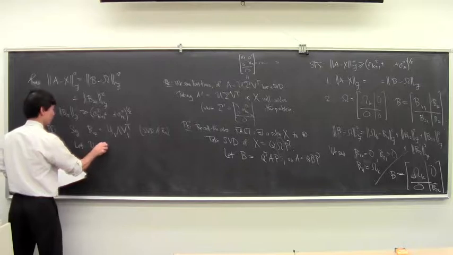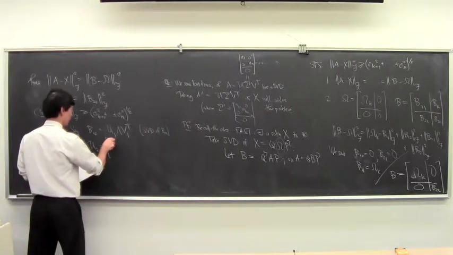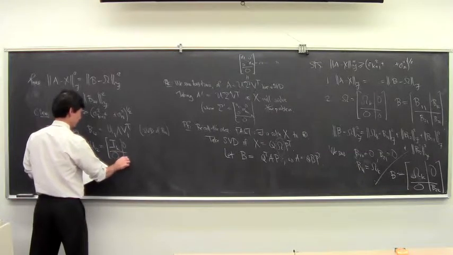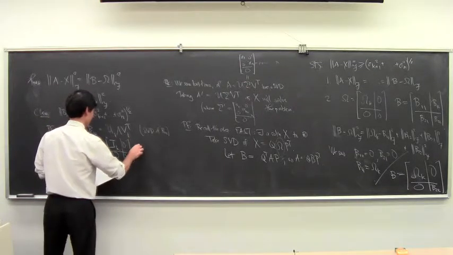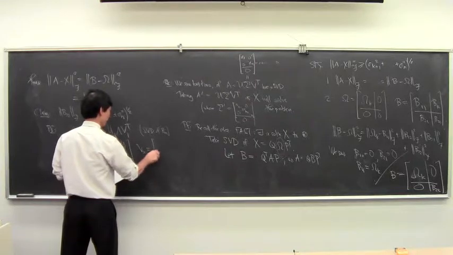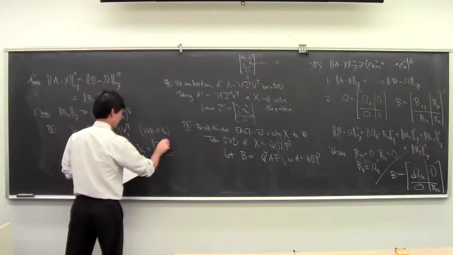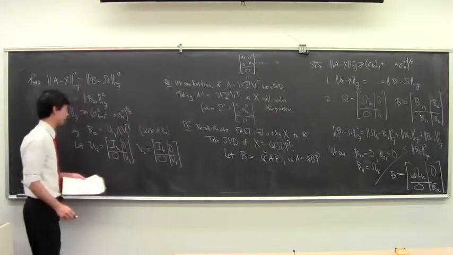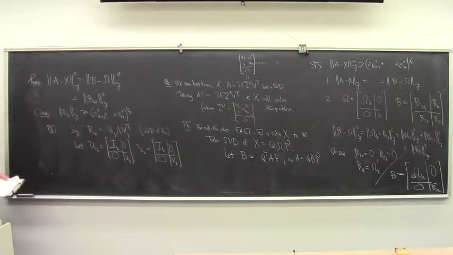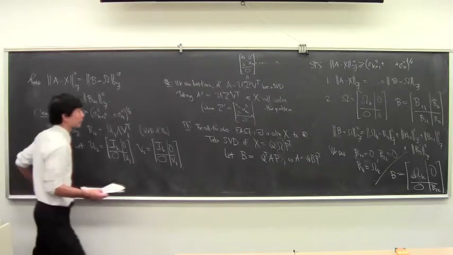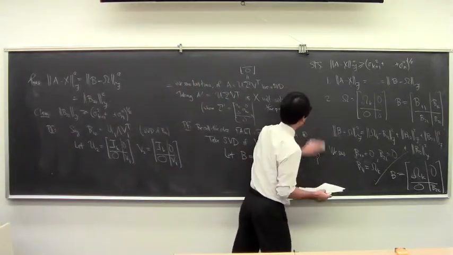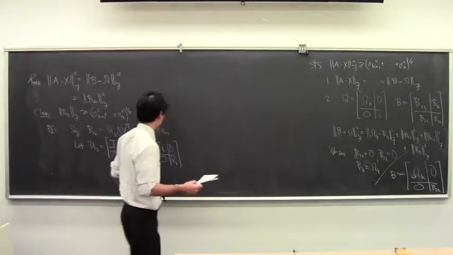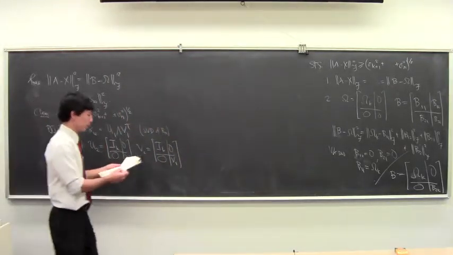Let U2 be the k by k identity matrix, and U1 down here. V2 be, again, the k by k identity matrix, and V1 down here. Okay.